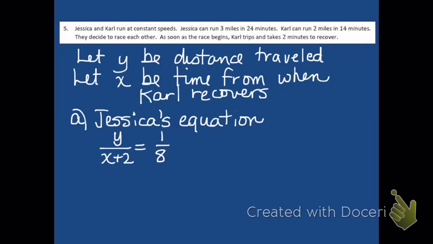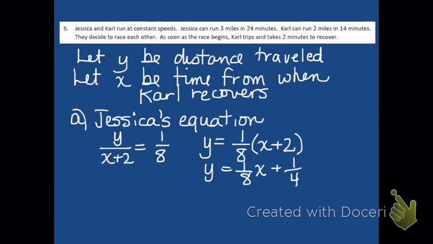Multiplying both sides of that equation by x plus 2, I'm going to get our equation, eventually in slope-intercept form. Multiplying out the 1/8, we've got y equals 1/8 x plus 1/4. I'm getting that from 1/8 times 2. Okay, so that's Jessica's equation.